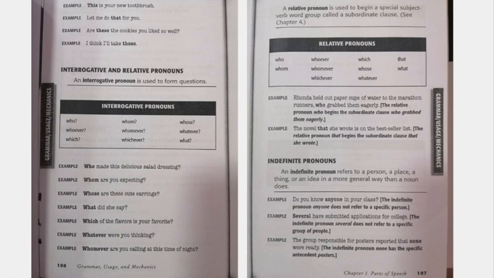So how do you put it in a sentence? Well, let's find out by checking this example. By the way, relative pronouns include who, whom, whoever, whomever, whichever, which, whose, whatever, that, and what.